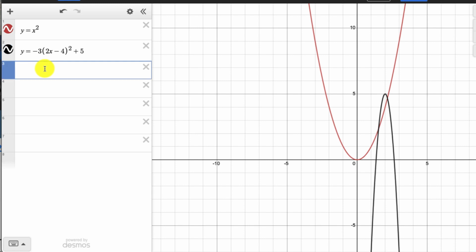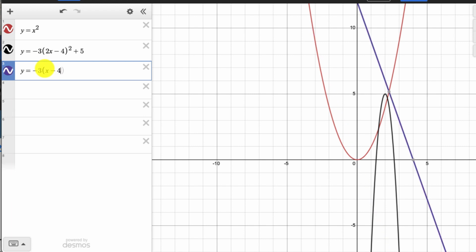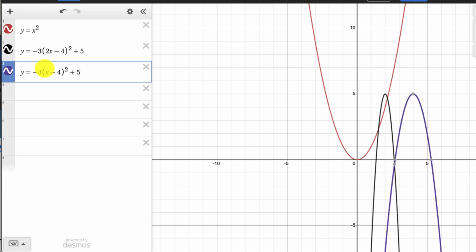To convince you of that, see, without the 2, the purple one is thinner than the red one because of the 3, but the addition of the 2 compressed it horizontally even more, so this black one is even thinner than this purple one. Okay, so see, not lying to you. So we kind of get this double effect here going on between the 2.